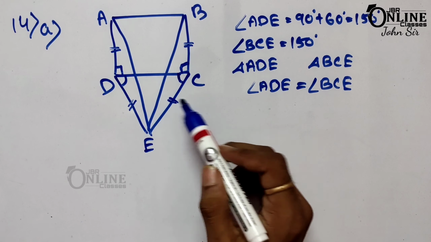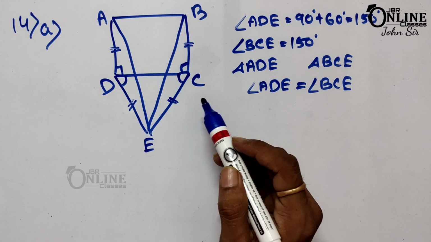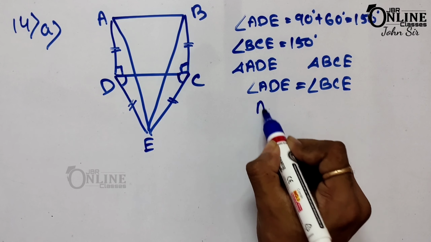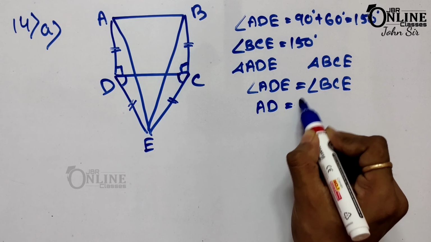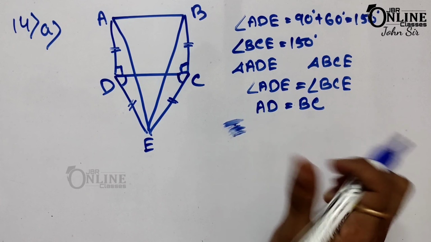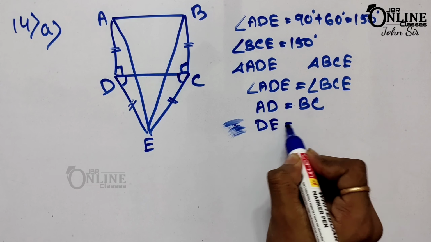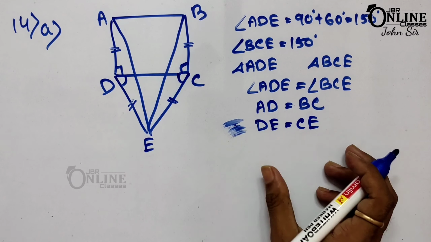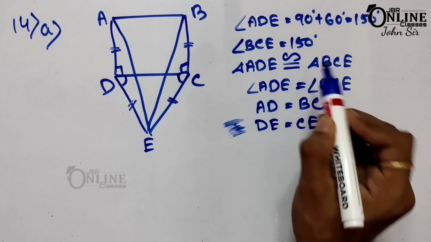Okay, that means all the sides are equal. So you can easily write here AD equal to BC, and then DE equal to CE. Okay, so that means these two triangles are congruent.